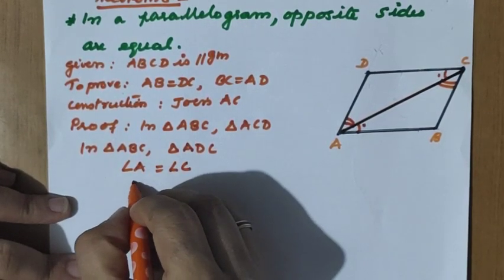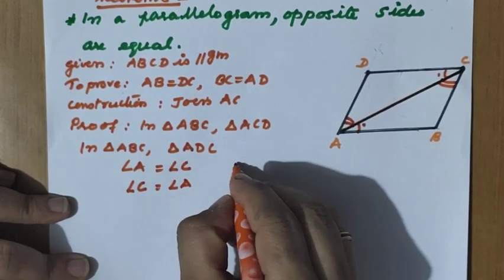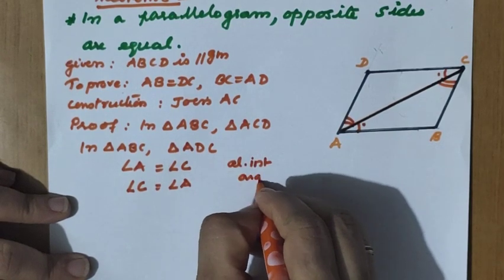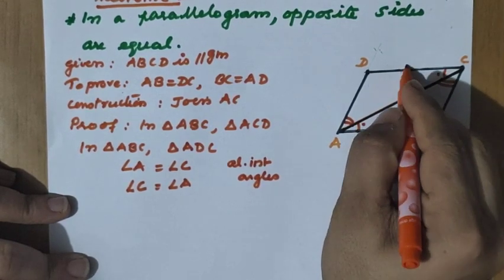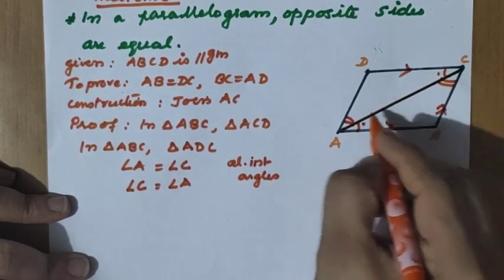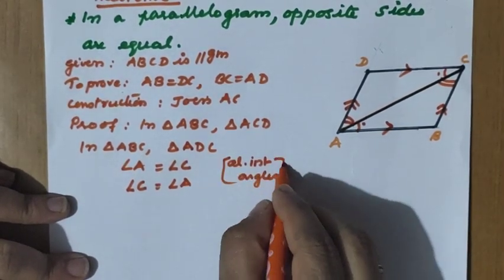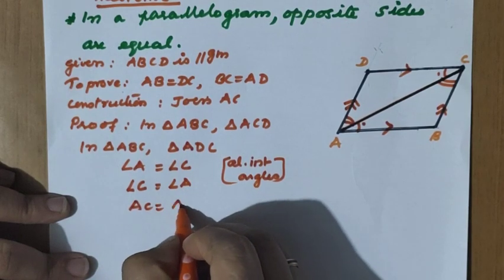Angle C. If I am writing angle C, angle A is equal here. The same reason, alternate interior angles. If you have any doubt, because it's a parallelogram, we can already mark the parallel sign by definition. Alternate interior angles are equal. Now what is the common side? AC equal to AC.